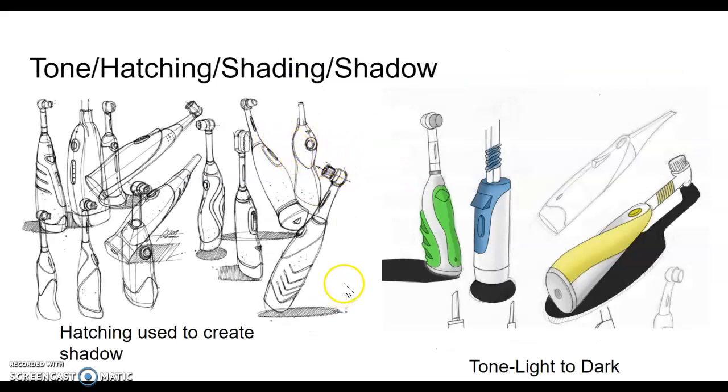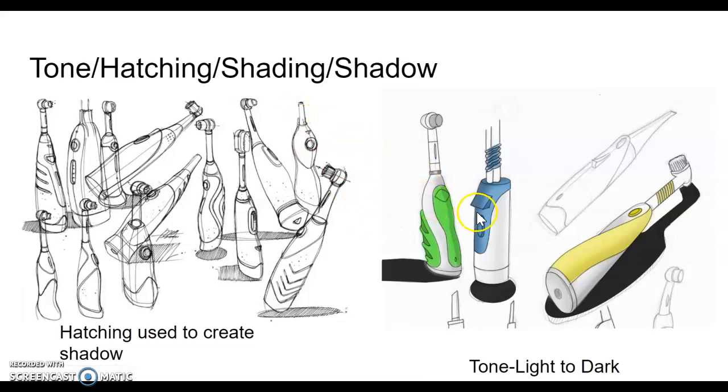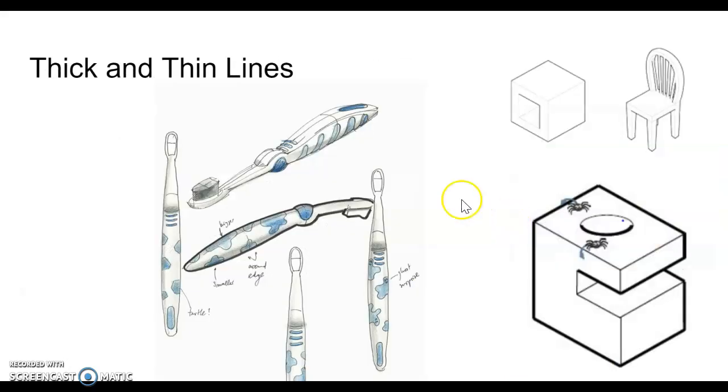Tone and shading and hatching. Shadows look quite well. Hatching is these lines here. You could put that in as a shadow, or as a tone or shading. By tone, I mean there's a variation between light to dark. So try get that onto your drawings as well.